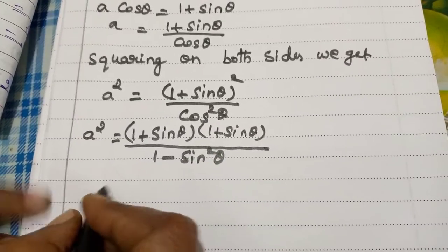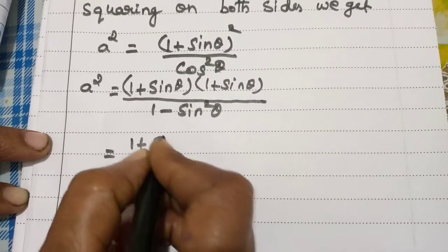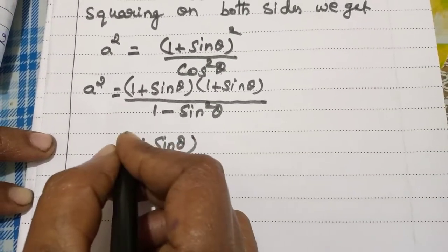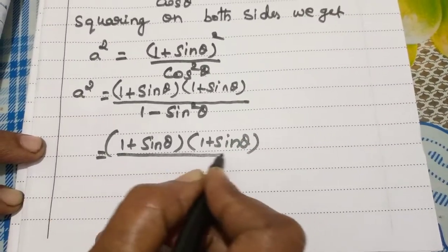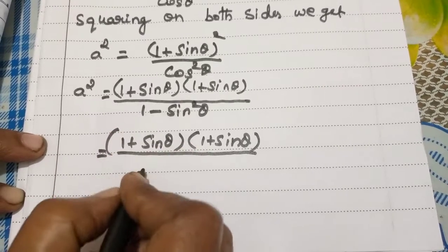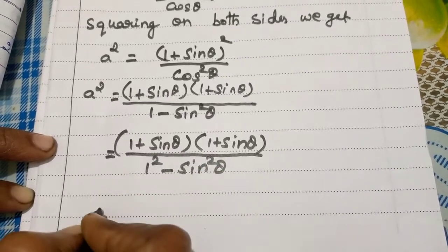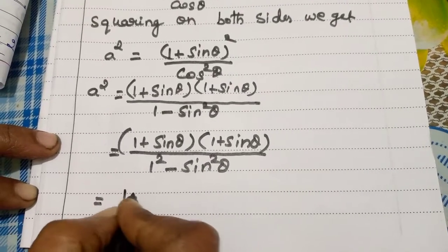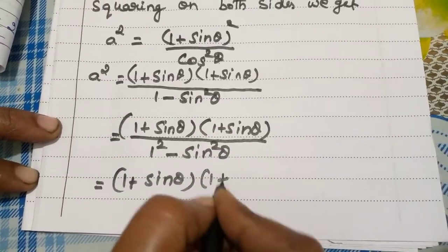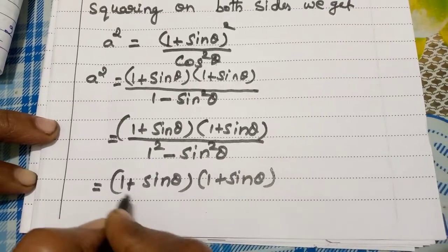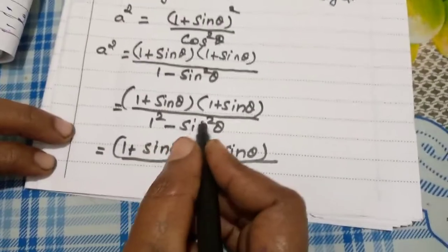So the numerator as it is, 1 plus sin theta into 1 plus sin theta, by the denominator, where 1 can be written as 1 square: 1 square minus sin square theta.